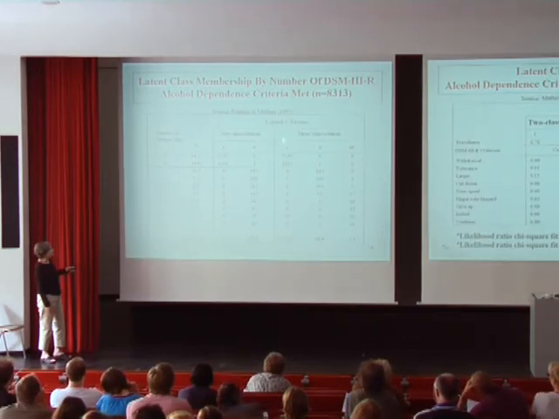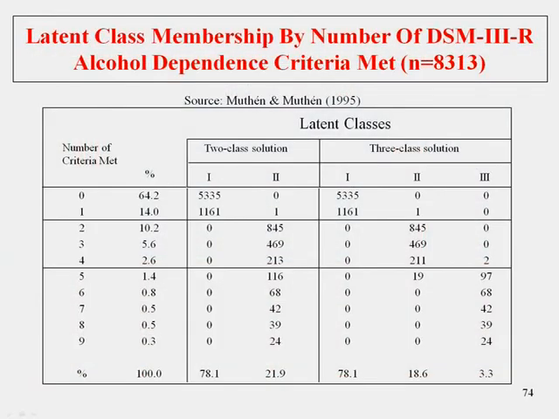And let's concentrate once again on the 3-class solution. And if you look down the columns, so for example, for class 1, you'll note that nobody endorses more than one item. And if you look down for class 2, the abusers, you see that one person endorses one item, but most of the others endorse 2, 3, or 4 items.